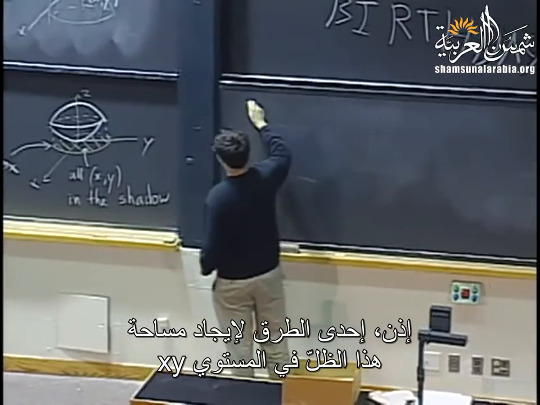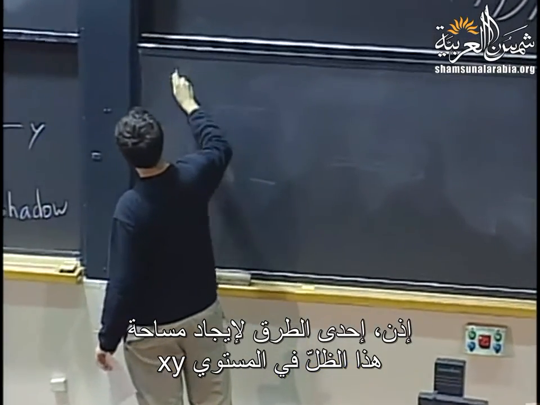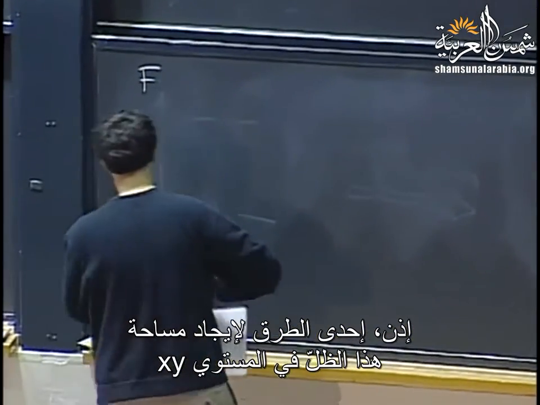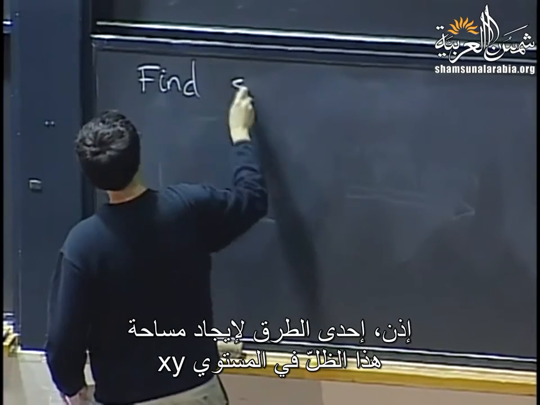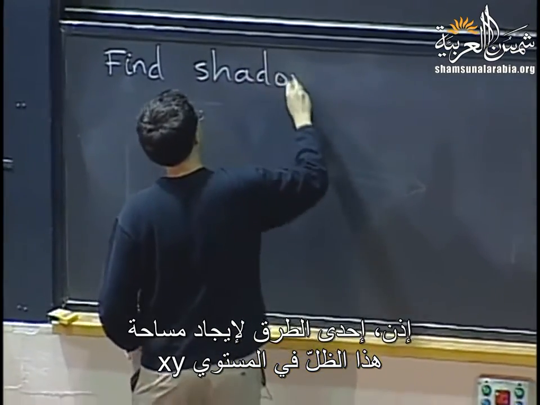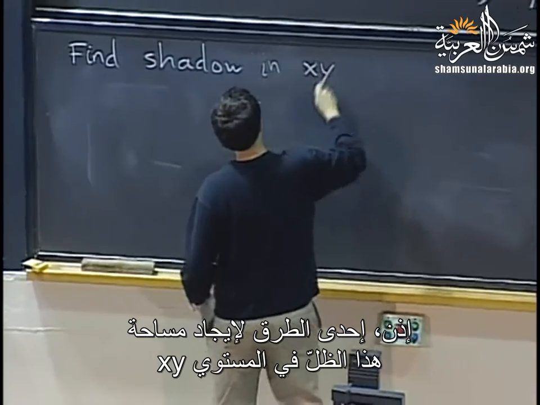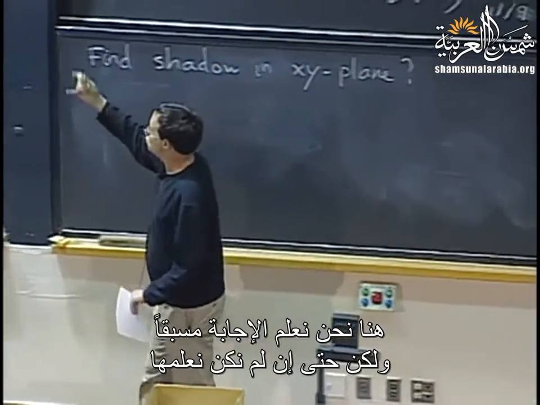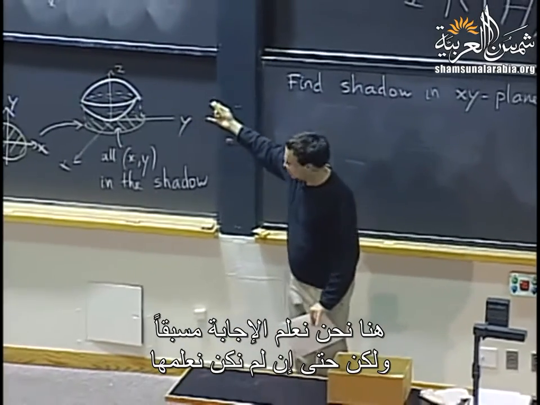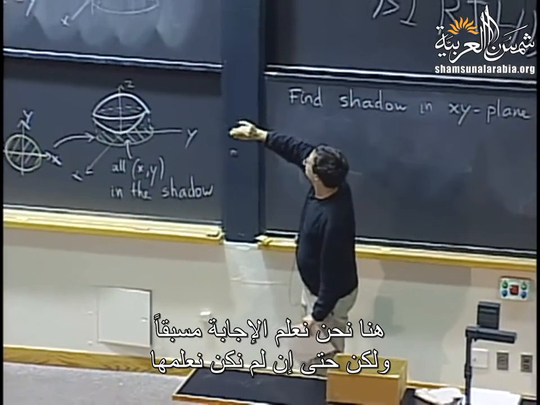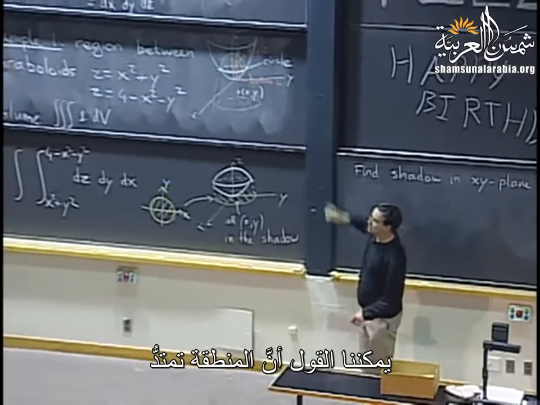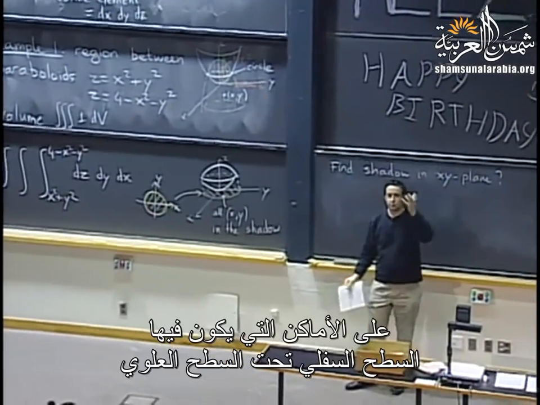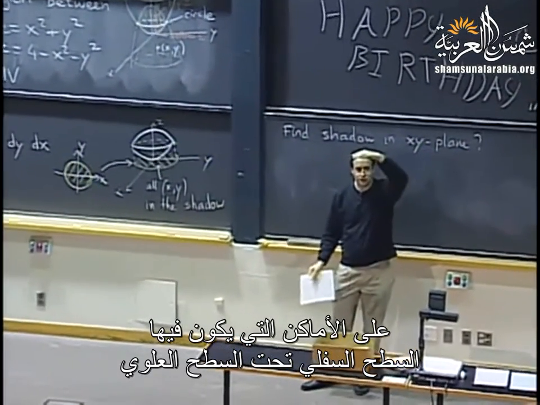Okay, so one way to find the shadow in the xy plane. Here we actually know the answer a priori, but even if we didn't, we could just say our region lives wherever the bottom surface is below the top surface.